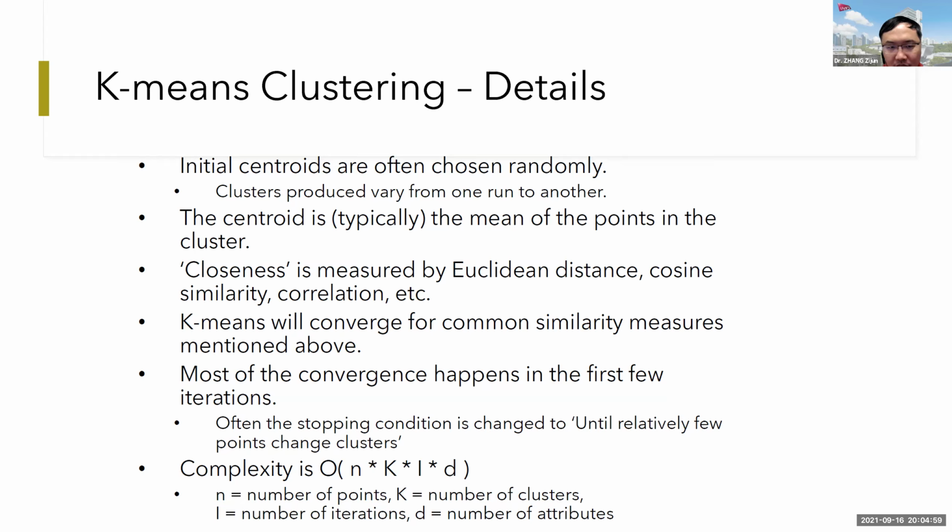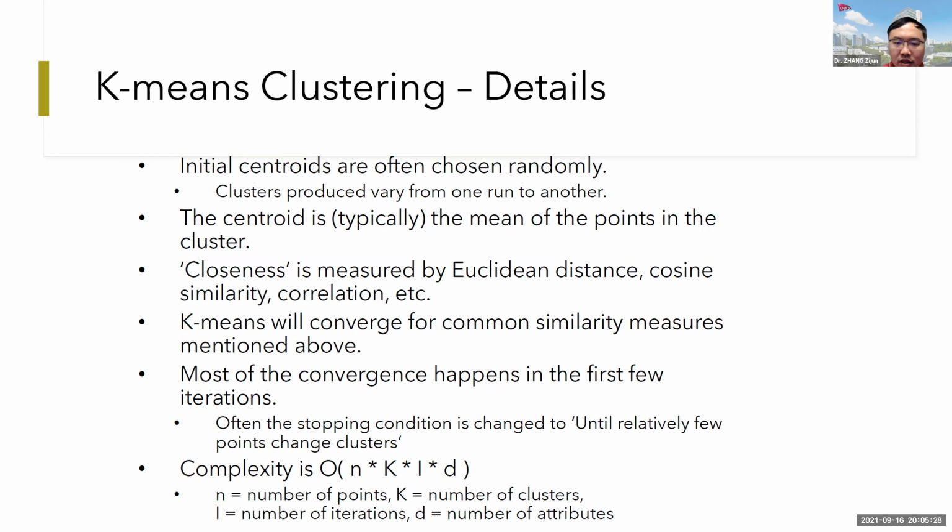So clusters produced could be quite different from one run to another. These differences come from the random choice of initial centroids. It is just one of the factors affecting the clustering results.